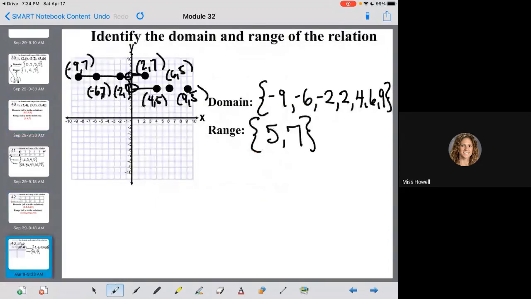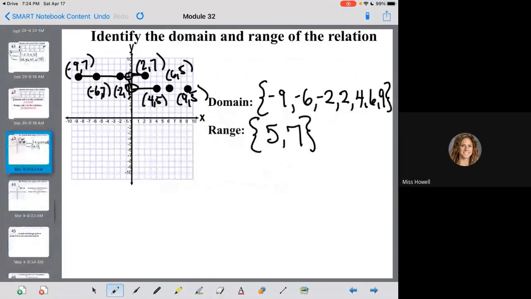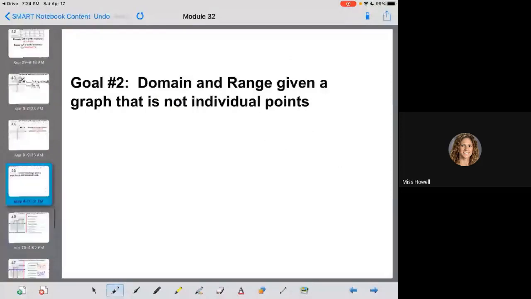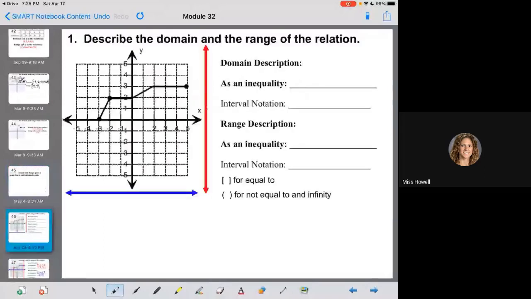The harder part with domain and range is when we're given a continuous graph, meaning there's no stop to it, right? Like a line is a continuous graph. When that's the case, our domain and ranges get described as inequalities, right? Where do they start and where do they end? And sometimes those are compound inequalities.